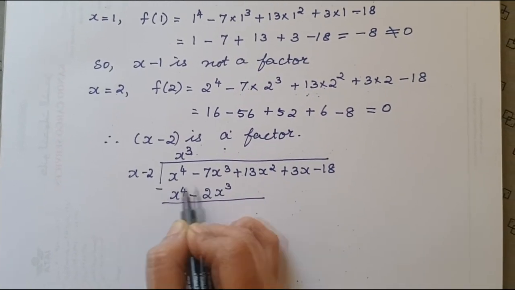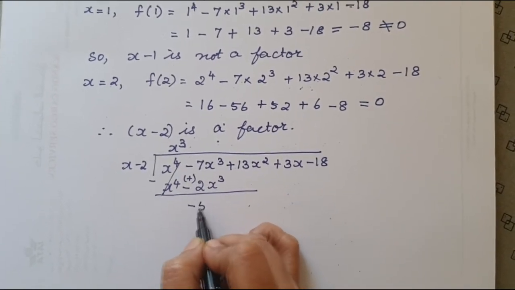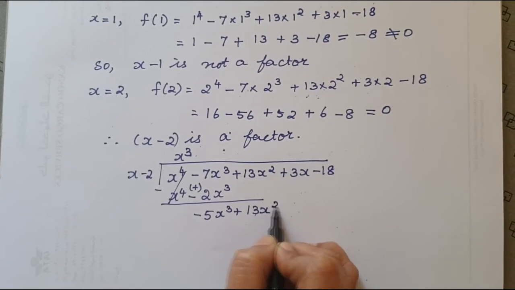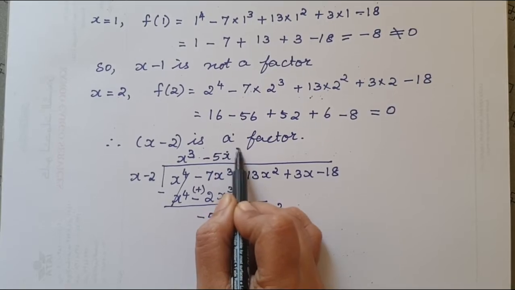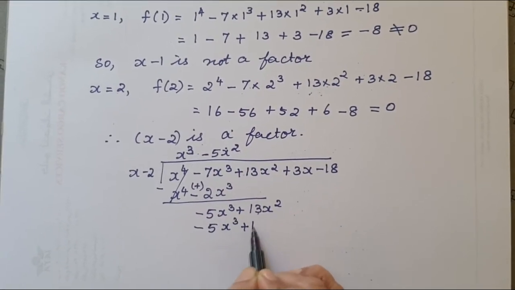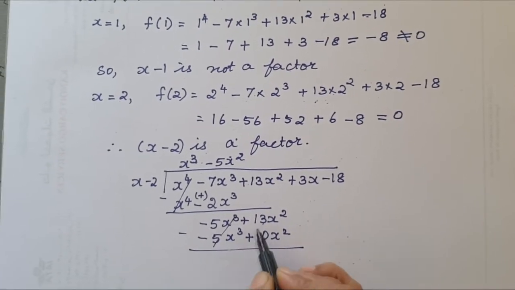Now when we subtract, this gets cancelled. This will become minus 5x cube plus 13x square. Now we multiply with minus 5x squared, so minus 5x cube plus 10x squared. Again when we subtract, this gets cancelled.